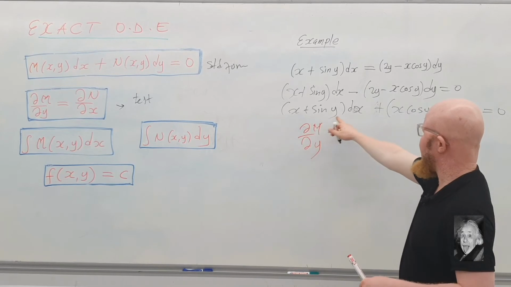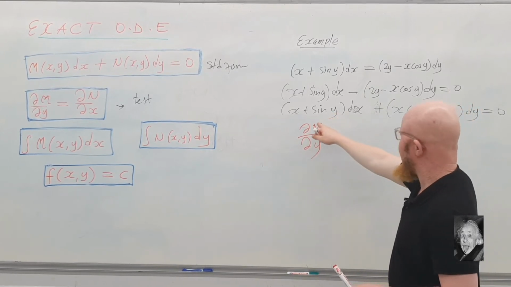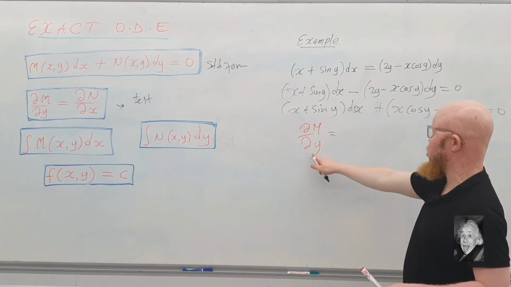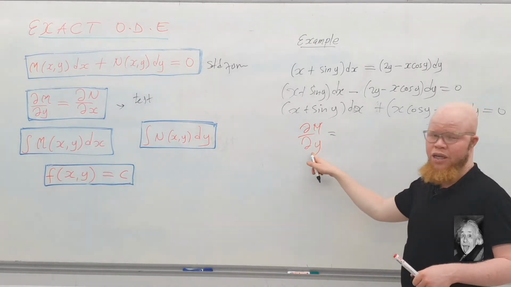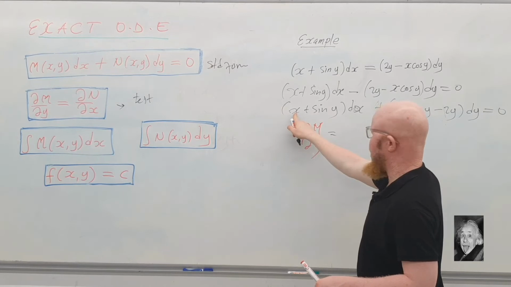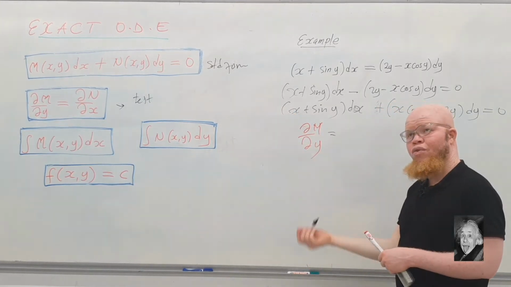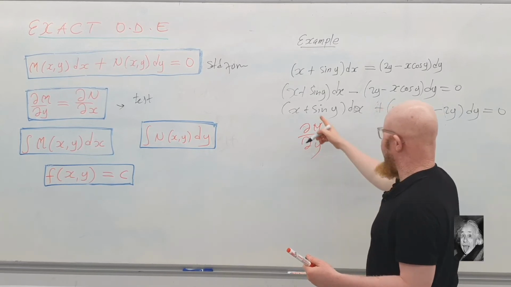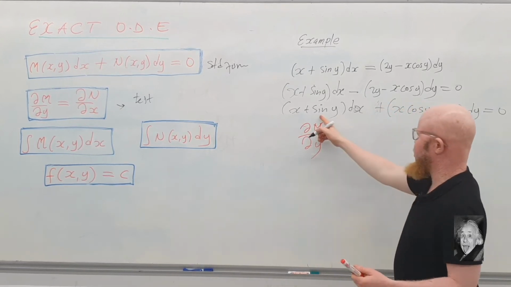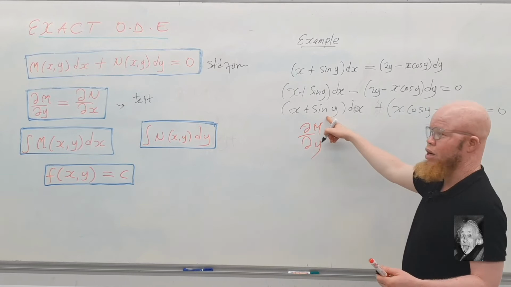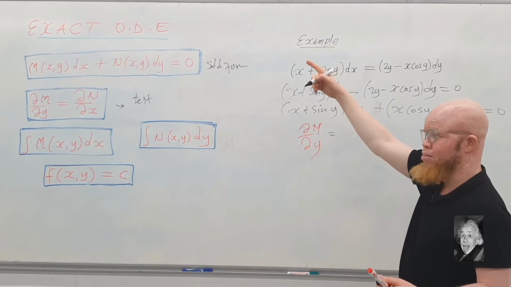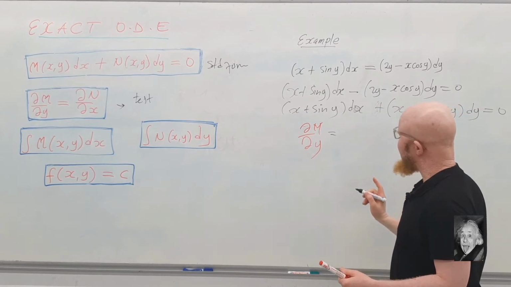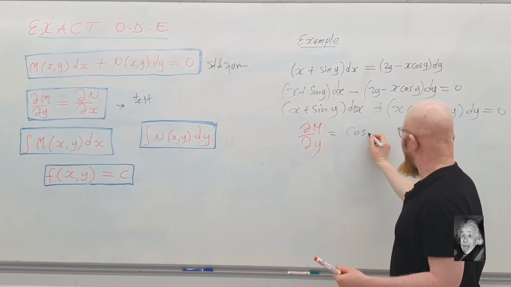As you can see, this is M, and we are differentiating with respect to y. That means x becomes a constant. So differentiation of a constant is 0. Then differentiation of sine y, differentiation of sine, that's cos y.